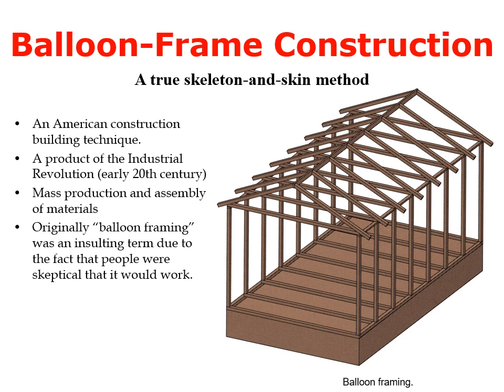So the next is balloon frame construction, probably what we're a little more used to seeing today. Most of the houses, apartments, things like that, it's made with balloon frame construction. Of course, sometimes the materials might change, but essentially it's the same idea that you have this sort of internal support system.